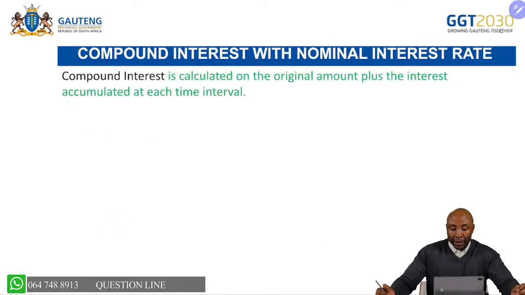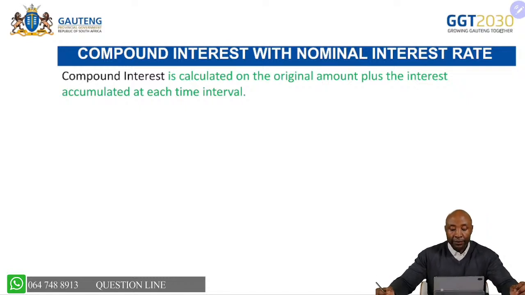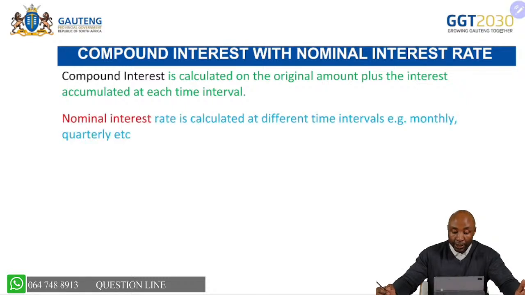Now, let's talk about compound interest. I have explained this using the example and the table that our interest is calculated on what is in the account. It's not only given on the original amount that is in the account, it changes all the time.